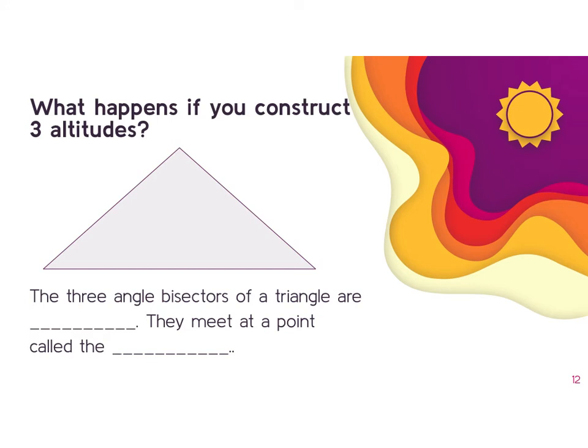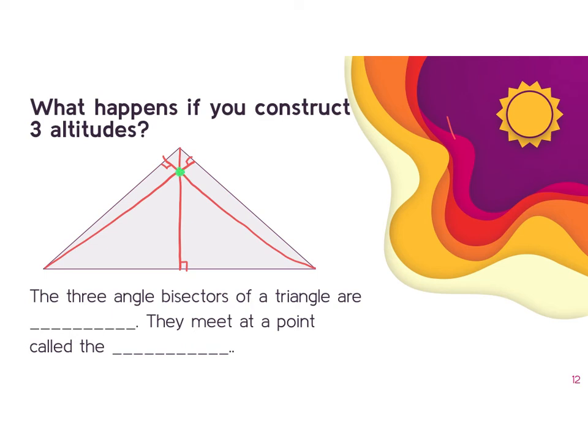Let's now take a look at what happens if we construct our three altitudes. Remember, the altitudes are perpendicular to the opposite side. So we have that one, we have this one, and we have our last one. Notice they come together at a point.